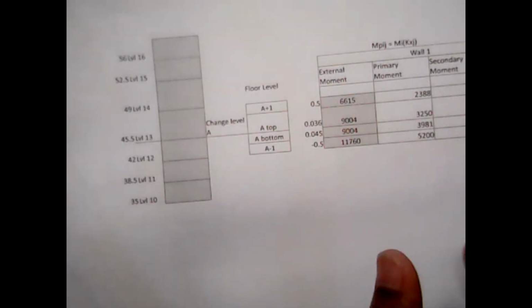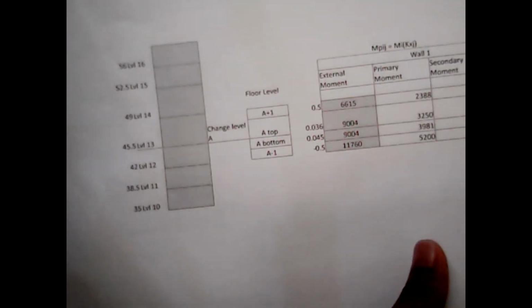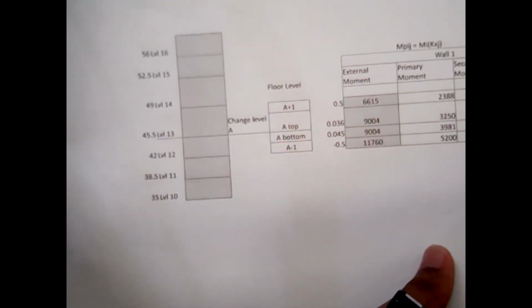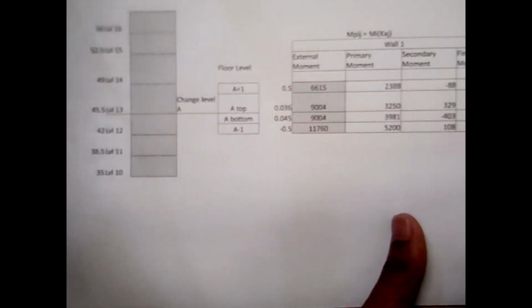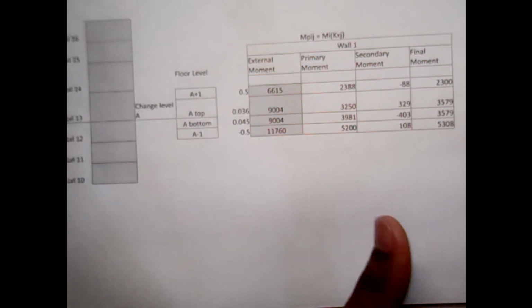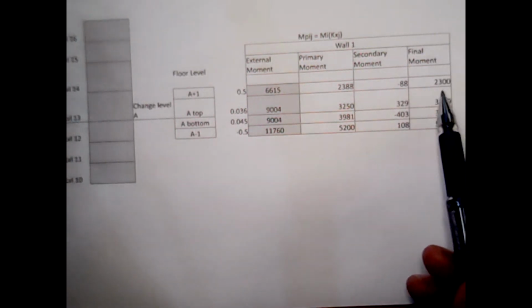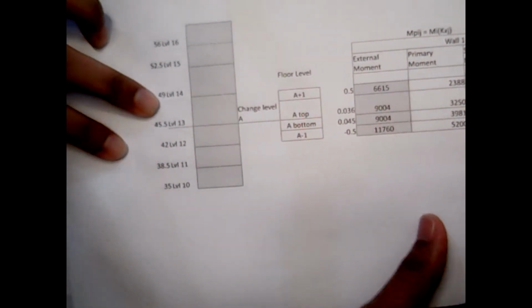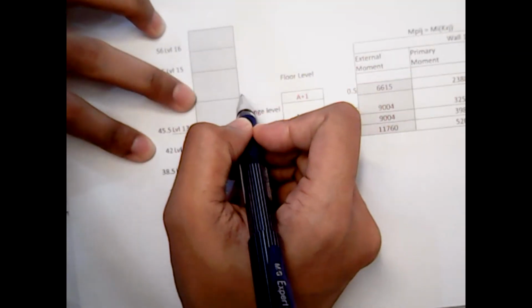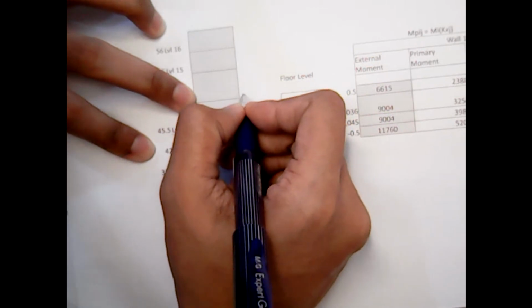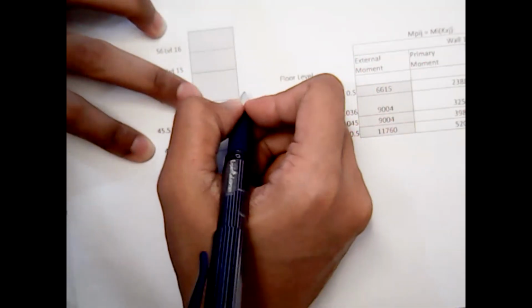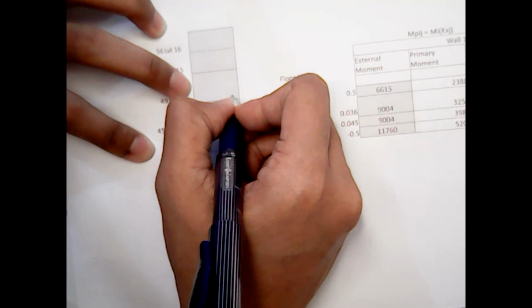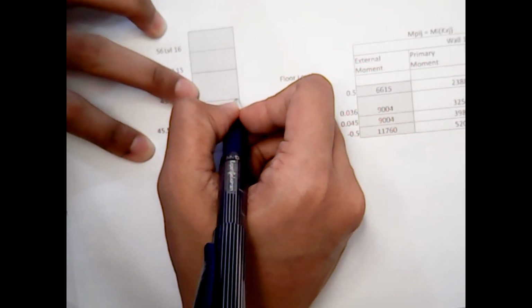So where is this moment acting? This is the answer that I have done myself in Excel. This 2300 kilonewton meter is actually acting at this level. So here you will get the final moment acting on level 14.